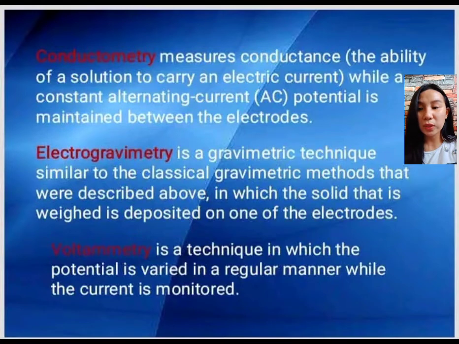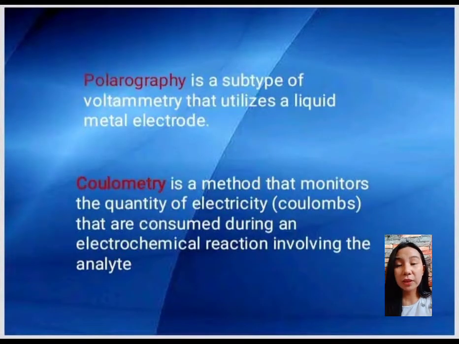Voltammetry is a technique in which the potential is varied in a regular manner while the current is monitored. Now, let's talk about polarography. Polarography is a subtype of voltammetry which utilizes a liquid metal electrode.